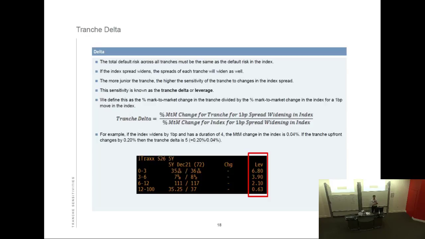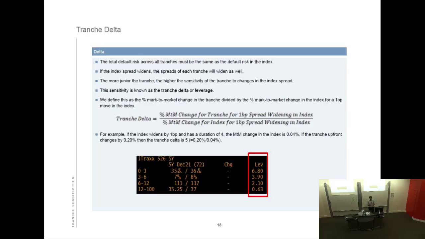Now, how should we measure this riskiness? A good way is through a delta equivalent. Remember, delta in an options context is essentially what position would you need in the index to offset a move in your tranche to first order, so that you're in a way market neutral against any small spread moves on your combined portfolio.